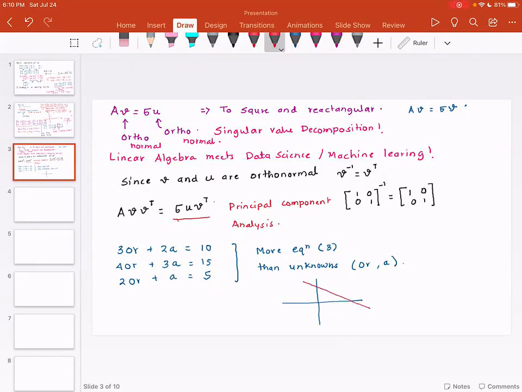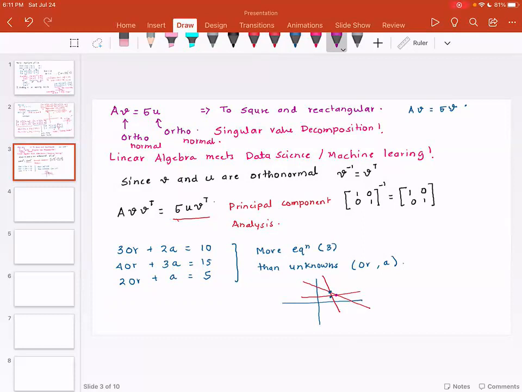This line I'm assuming for equation 1, this line for equation 2, and this line for equation 3. If you look at the first 2 equations, this is the point where these 2 lines intersect, that is the solution. If you look at the second set of 2 equations, this is the point where the second set of lines intersects, that is the solution. And then you have this equation wherein 2 lines intersect somewhere over here.